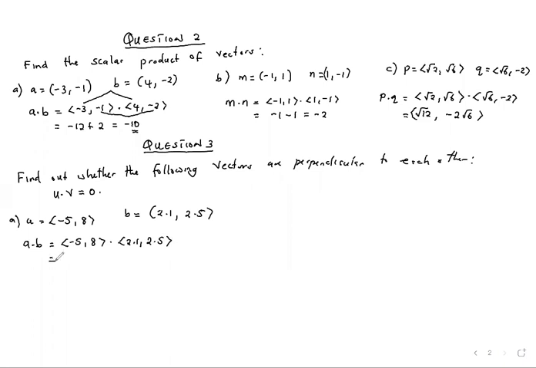So we have -10.5 plus 8 times 2.5, 20, giving us positive 9.5.